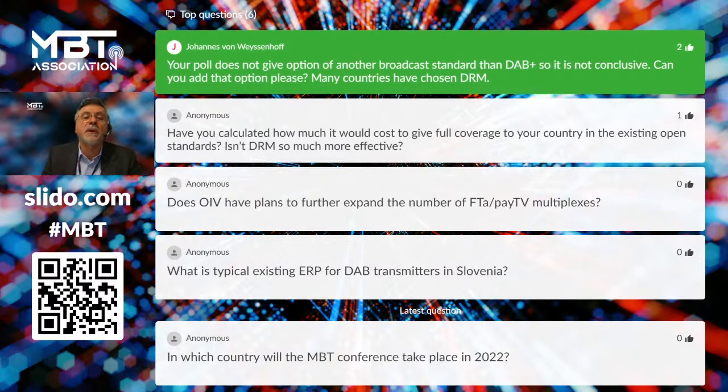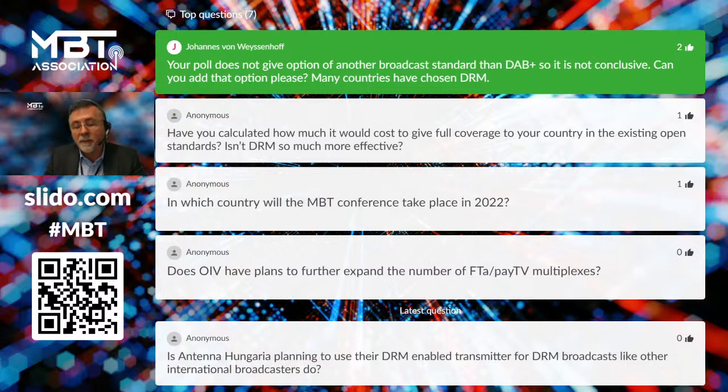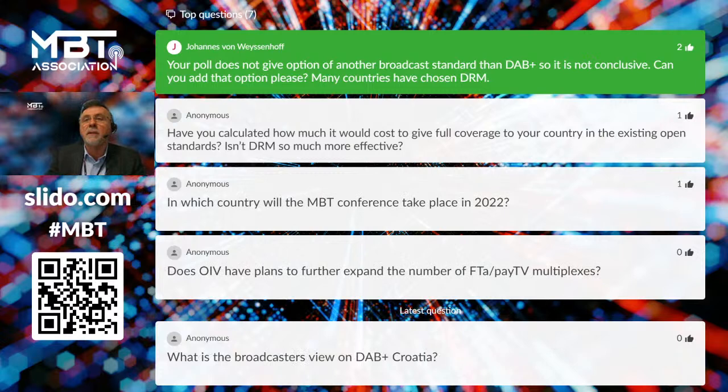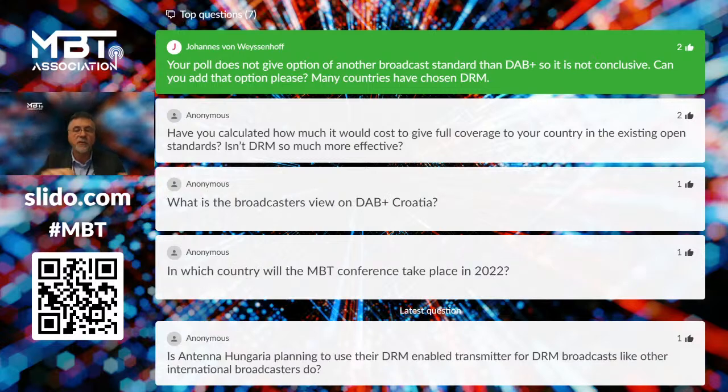Next question. Your poll does not give the option of another broadcast standard than DAB+, so it is not conclusive. Can you add that option, please? Many countries have chosen DRM. As I said at the beginning, we focused on DAB, and we could talk about a lot of things regarding the future of radio broadcasting.